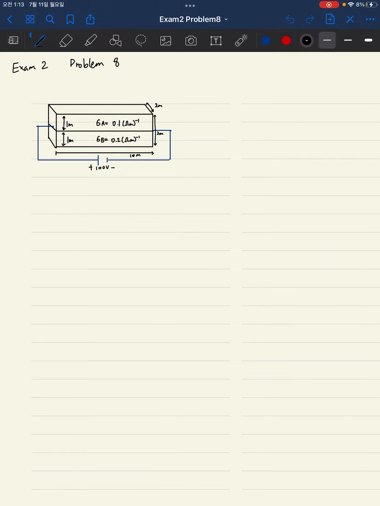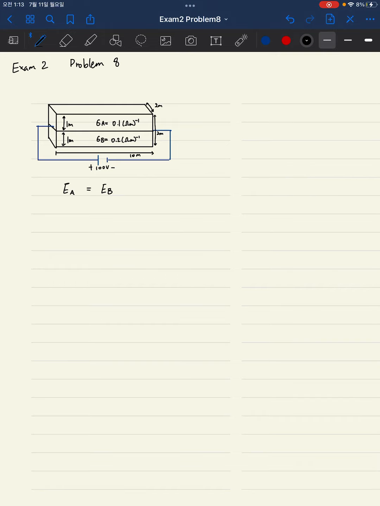For this problem, we know that the electric field will not be different, so we can say E_A, the electric field of material A, and E_B will be equal. And we know that the current density is directly proportional to the electric field.